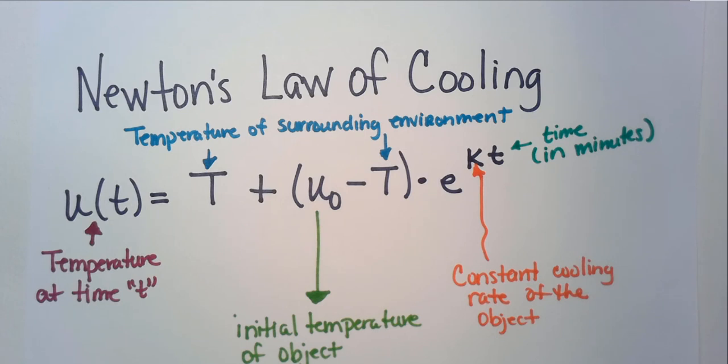K is the constant cooling rate of the object and t is time in minutes. We're going to use this formula to answer the question.